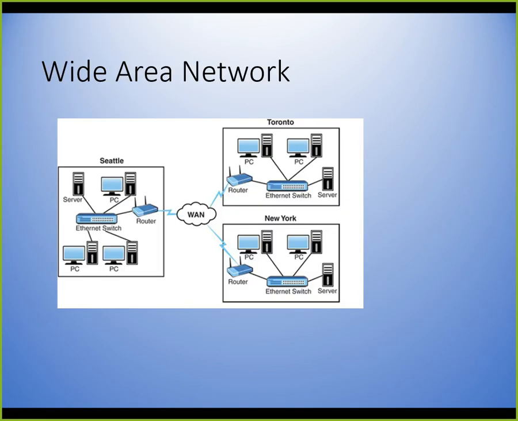Wide area network, and what this is showing is that we have a bunch of local area networks that are connected here over different areas. We have Seattle, Toronto, and New York. This is a LAN over here, a local area network. This is a LAN over here, a local area network, and a LAN. So a WAN, a wide area network, connects local area networks together.